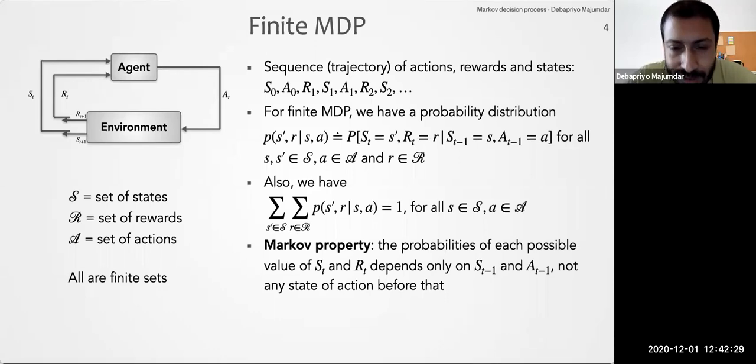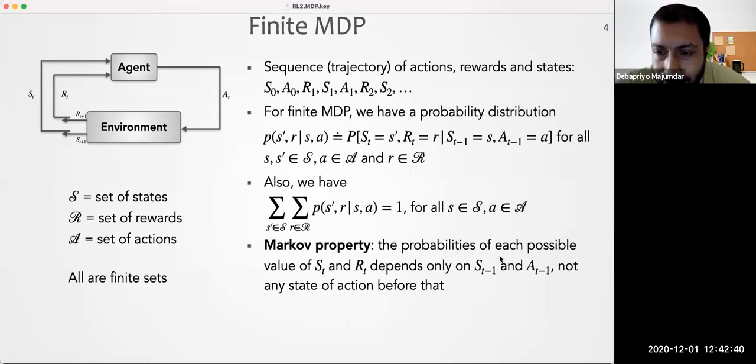Essentially, it's the same thing, more generalized here: if you are at state S_{t-1} and you take action A_{t-1}, these two alone determine the probabilities of the future state and reward that immediately follow.